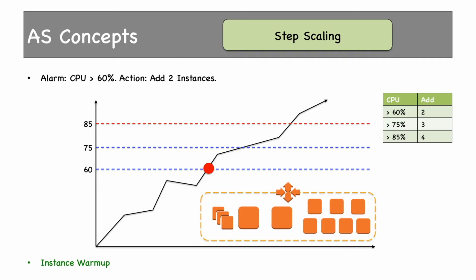Instance warm-up period is the time period within which the newly launched instances are not considered as part of auto-scaling group. The reason for this is, as I said earlier, it might take some time for softwares and configuration setup in the EC2 instances to get completed. Warm-up periods should take those into consideration. Let's see a demo now.